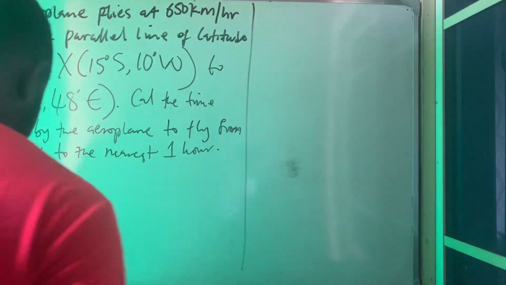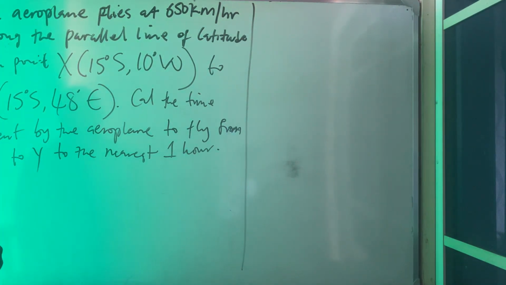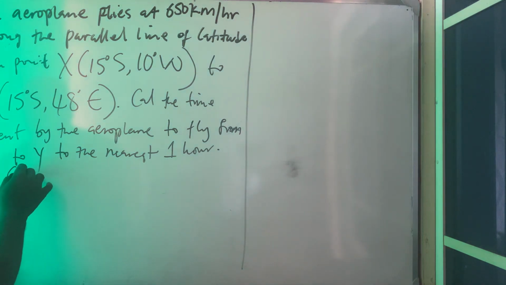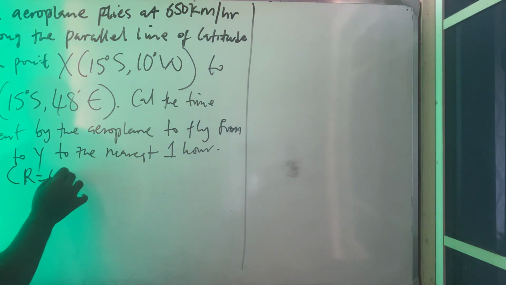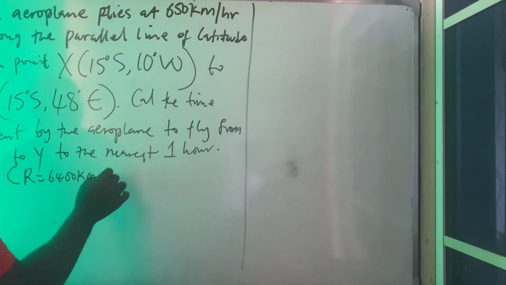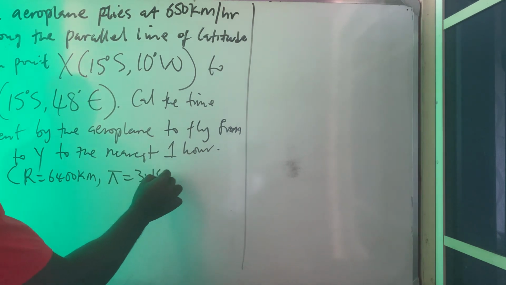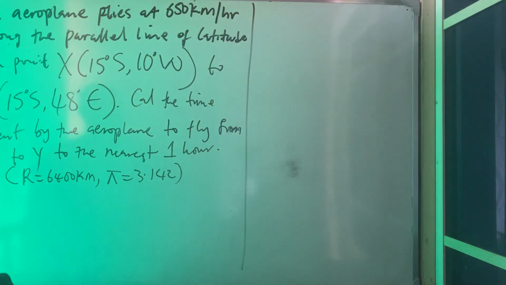They say we should take R to be 6,400 kilometers, and take pi as 3.142. That's what they gave us.